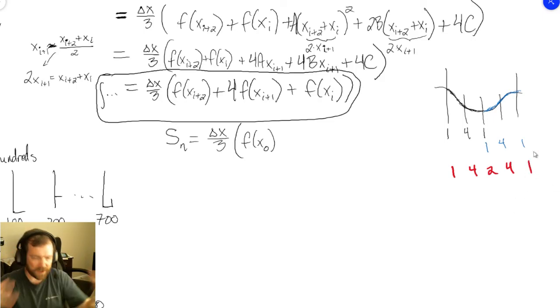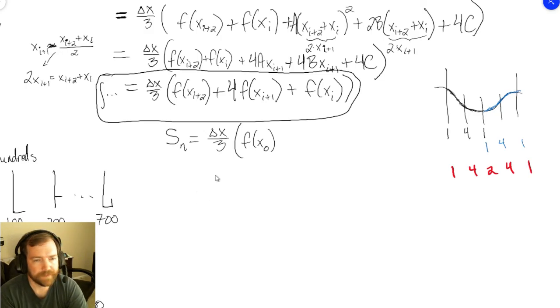And then if we break it up into smaller subintervals, it does the same thing over and over again. It still has to be in pairs, so it has to break down nicely to make this work.